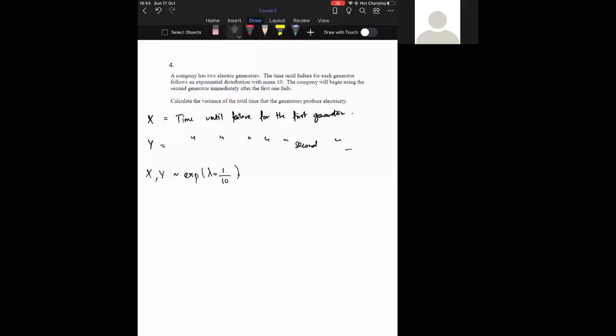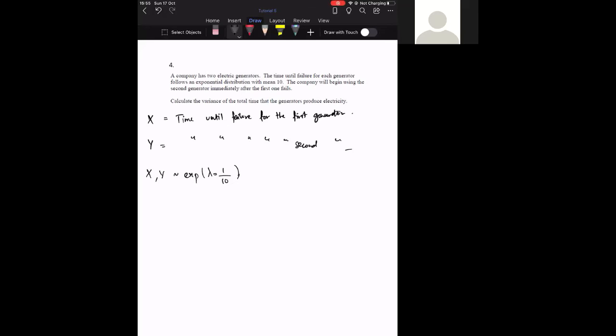The company will begin using the second generator immediately after the first one fails. Calculate the variance of the total time that the generators produce electricity. So we have X and Y denoting the time until failure. We know that they're exponential. We want the variance.